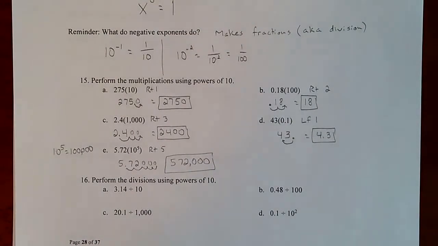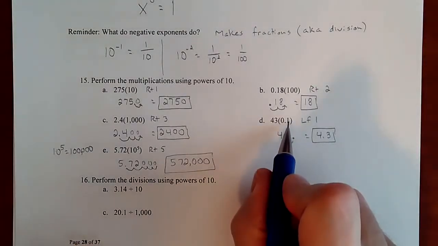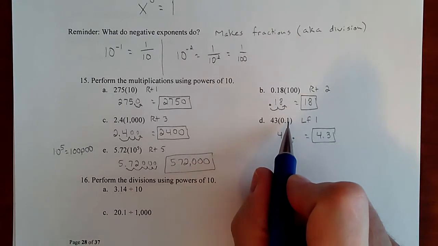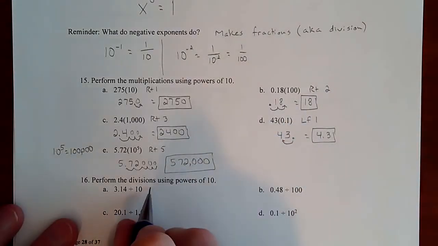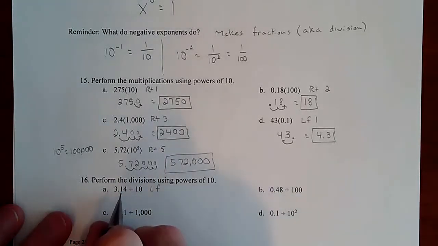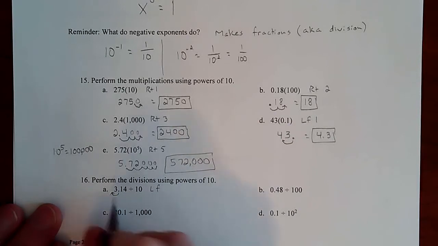All right. Now, dividing makes things smaller, so that means we're going to be moving decimals to the left. Just like here, where you were multiplying by something less than 1, it's like dividing. So here you're going to move left 1 because you're dividing. That 3.14 is going to move left 1 spot, so we're going to get 0.314.